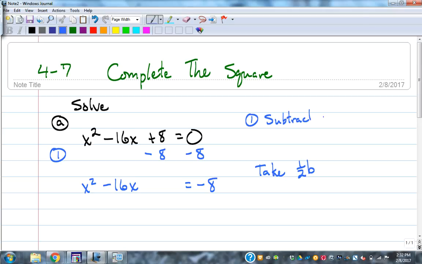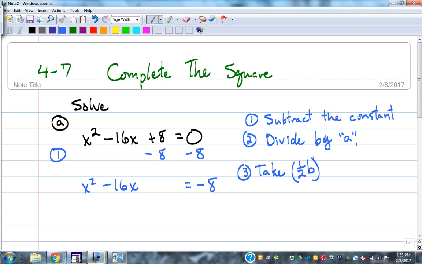I'm going to write the steps over here on the side. Step 2 would be divide by a. Remember, a is always in front of x squared. Remember that from the standard form of a quadratic. And then the third step is take 1/2 of b and square it.